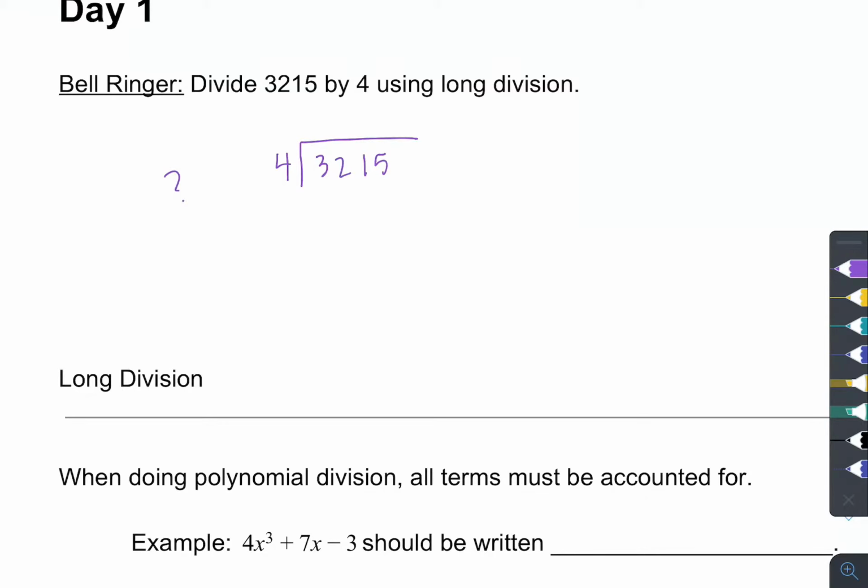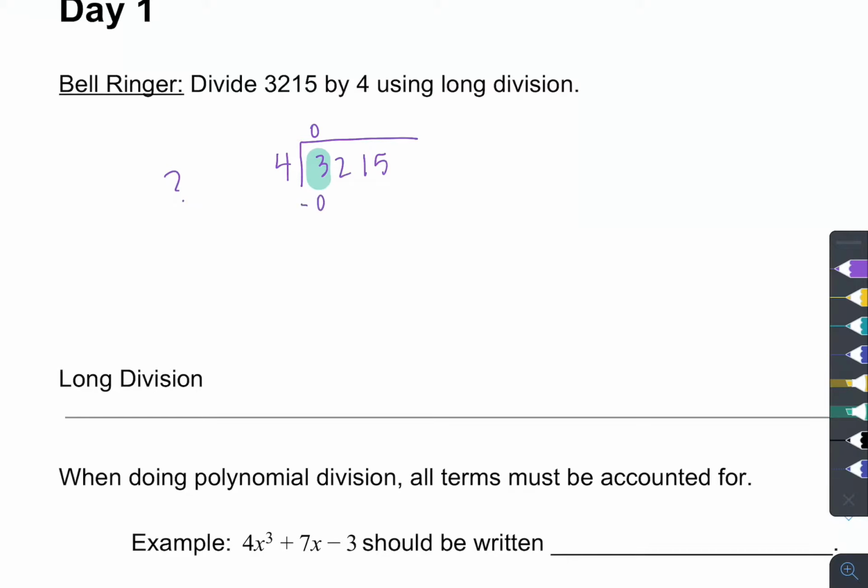Okay, so if you remember back to grade school even, when we do long division, we are testing to see if it is a factor of each thing. So here we have 3. 4 can't go into 3, so it goes in 0 times.